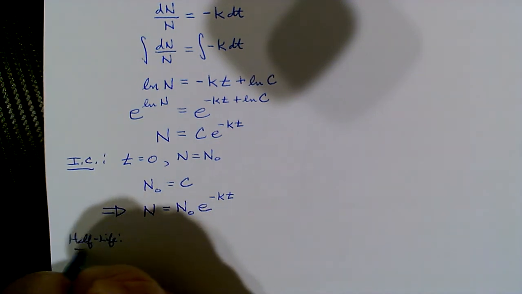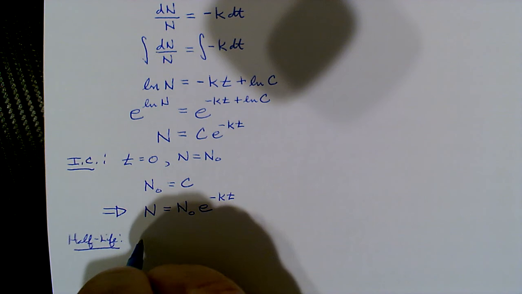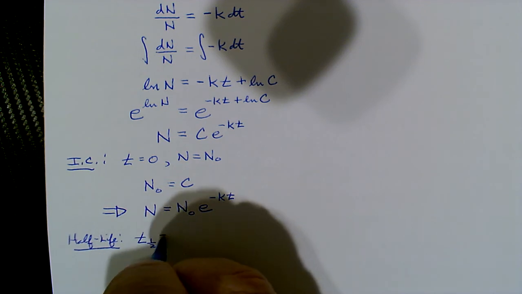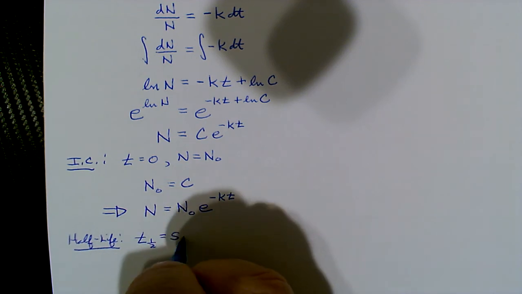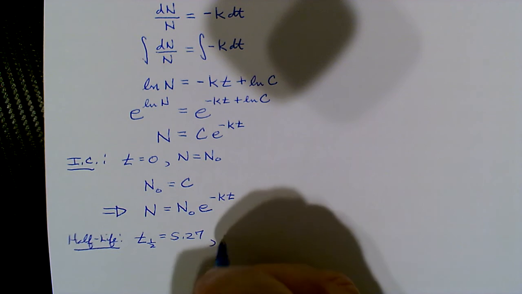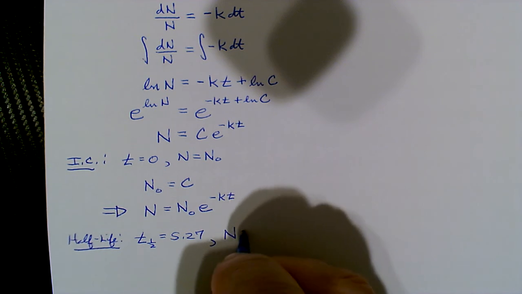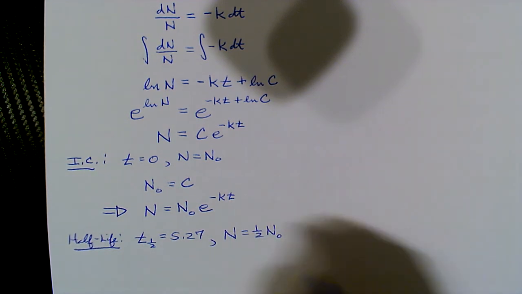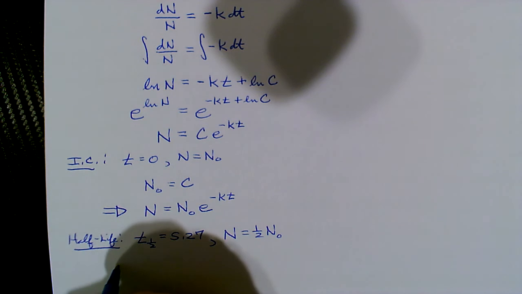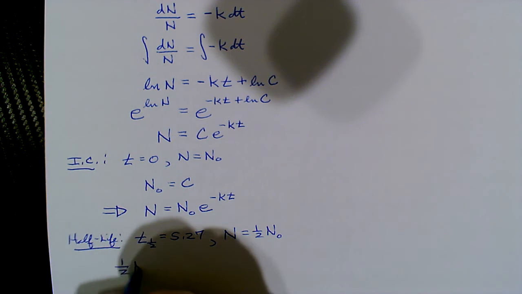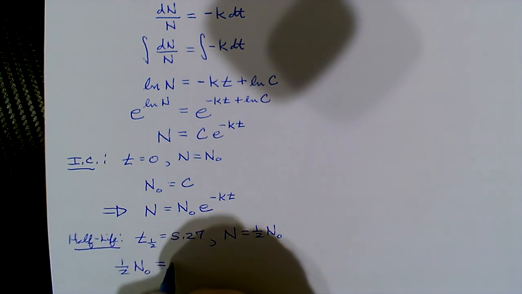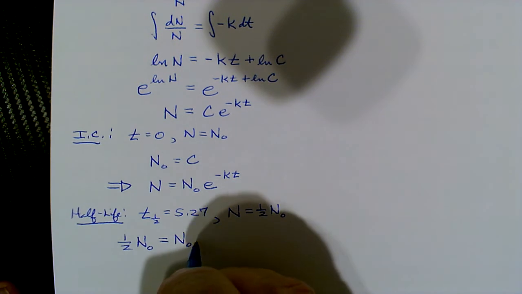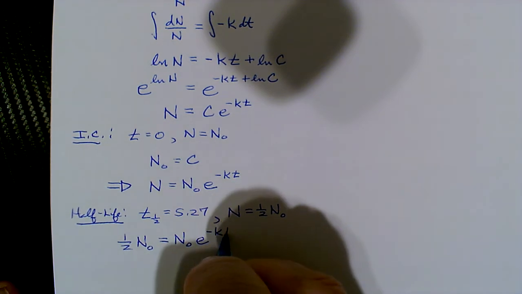And we use the half-life. And the half-life is t sub 1/2 was 5.27, meaning that n was half of the original amount. So substituting into our formula, now we have half of the original amount, or 1/2 n sub 0 is n sub 0 e to the negative kt.